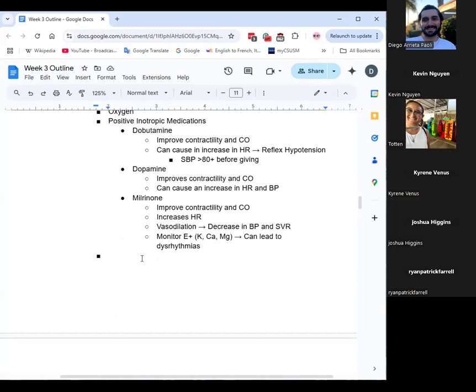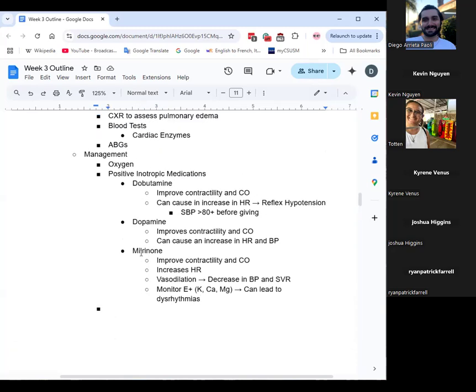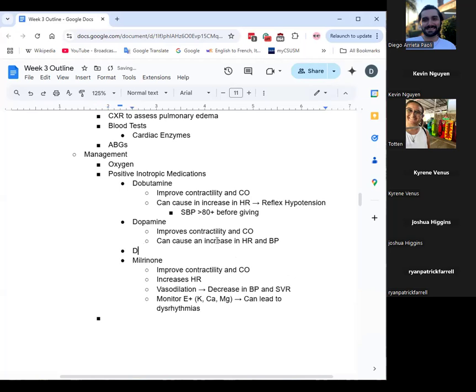Okay, any other potential interventions for this person? We talked about potentially some diuretics. Digoxin, yeah. I know he doesn't specifically mention it, but it should still be theoretically fine.